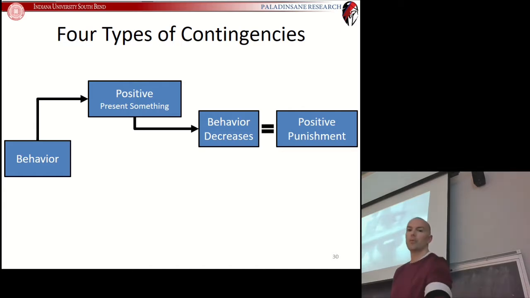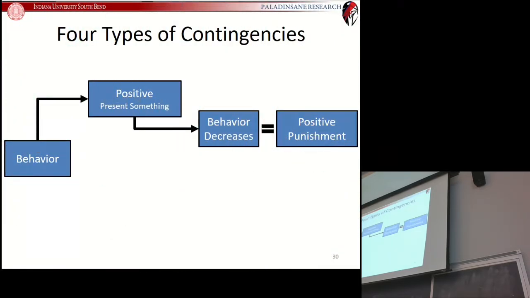Exactly. When Harry went up into Dr. Fox's face, Dr. Fox was like, if you're going to do this to me, I'm going to do this to you. Basically, this behavior was now going to be presented with something: my face up in your face.